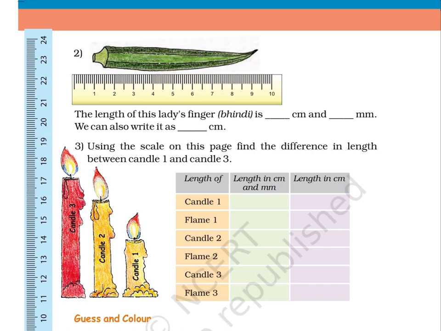Column 1 heading is length of, and then the rows read as candle 1, flame 1, candle 2, flame 2, candle 3, flame 3. Column 2 represents length in centimeters and millimeter. Column 3 is for length in centimeters.